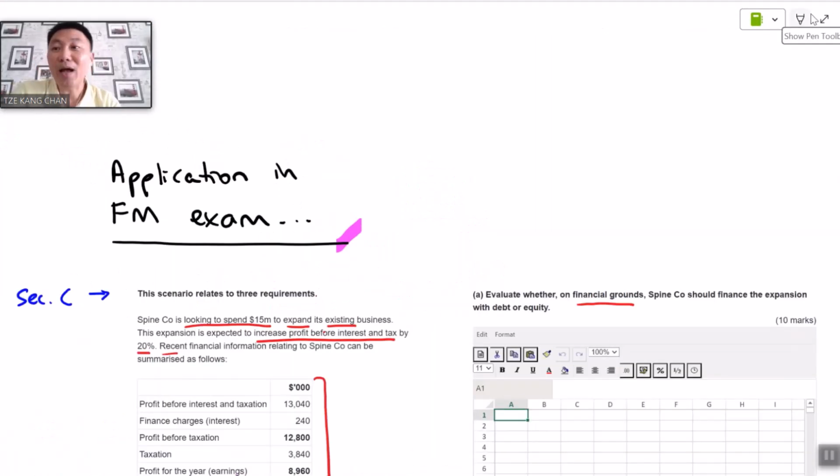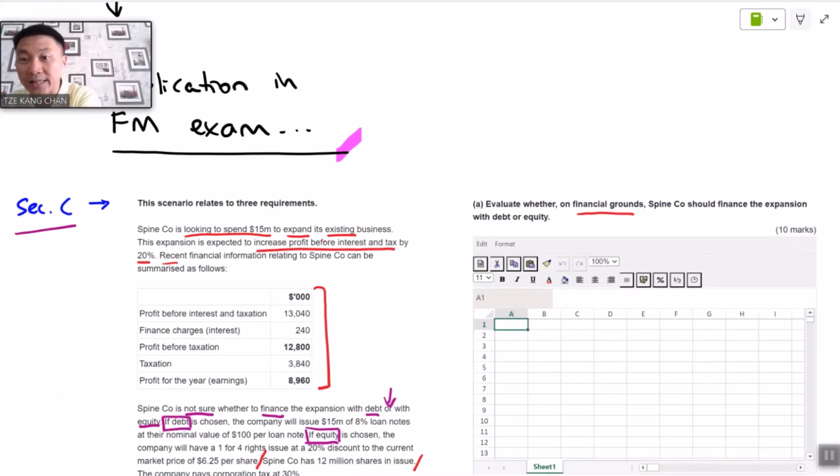Guys, it is time now to show you the way that we formulate an answer plan based upon one of the following examination questions under Section C of the FN exam.